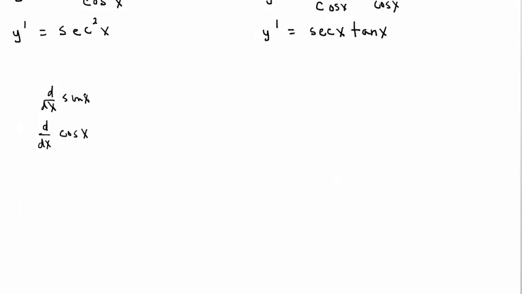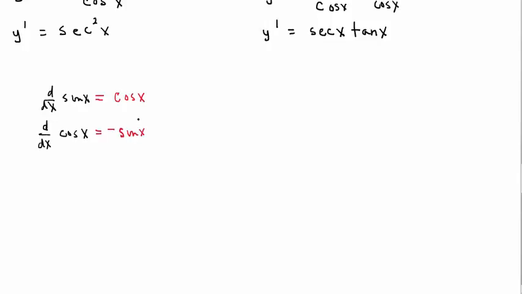All right, here we go. All right, so the derivative of sine is cosine, but the derivative of cosine will go to negative sine of x. Okay, notice now that right before you, I put down the derivative of tangent and the derivative of cotangent.